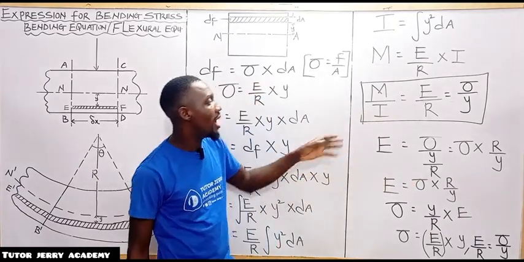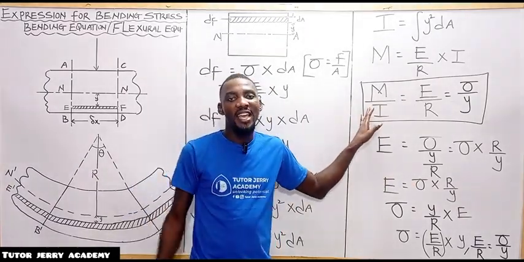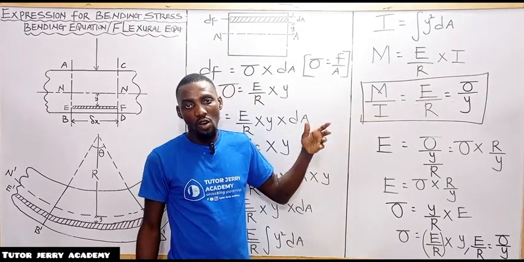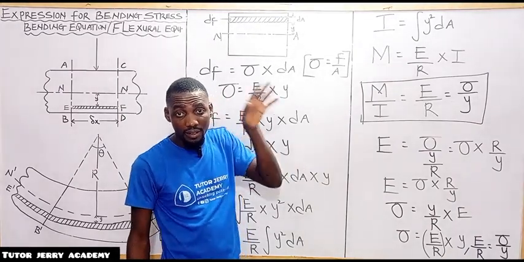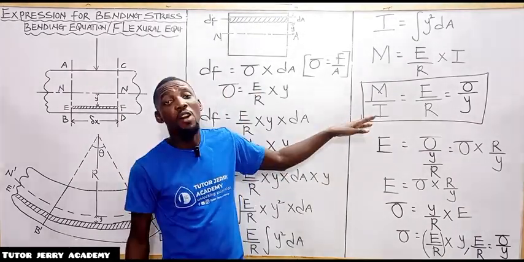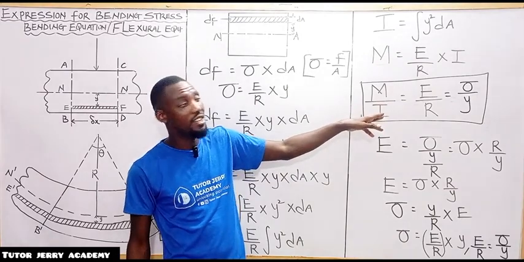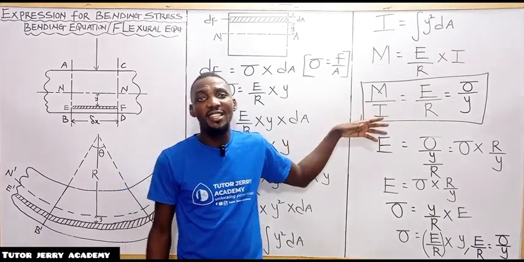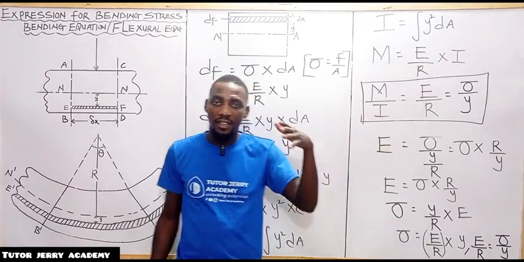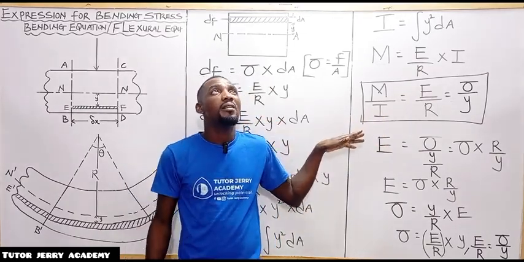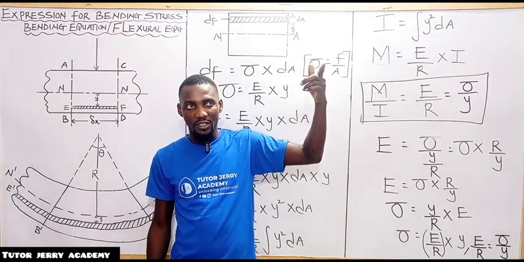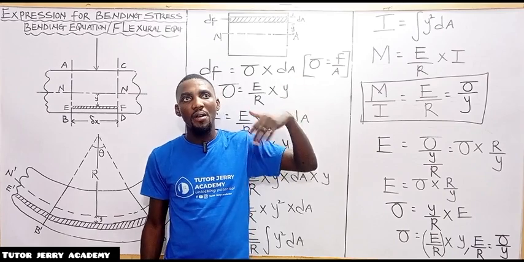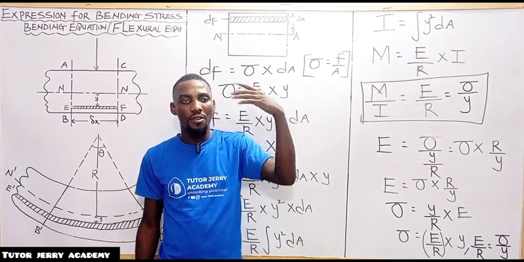All right, so our I here is the second moment of inertia. Take note of that. And the unit can be millimeter to the power of 4, or meter to the power of 4.